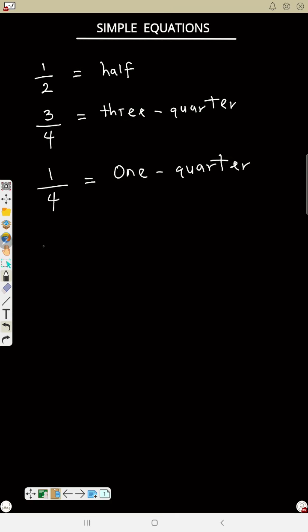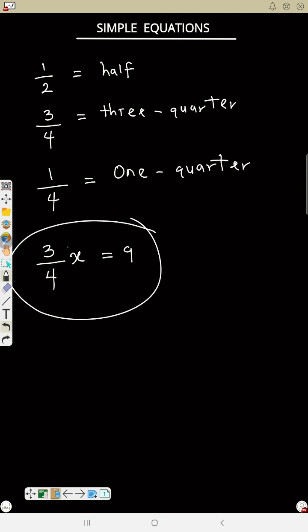So what is the meaning of this equation? You can say this is 3 quarter. So that means I will say 3 quarter of a certain number.